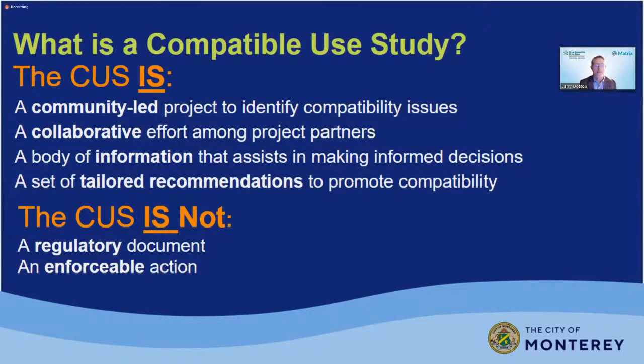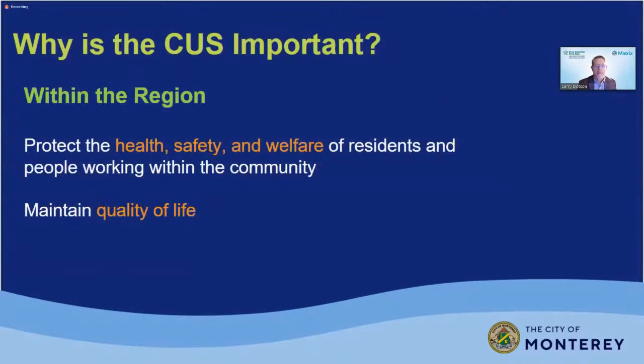And this body of information typically serves to influence policy decisions in local government, both in the North County study area as well as the South County study area. The recommendations are a set. They're not exhaustive. They're not intended to all be recommended for execution.